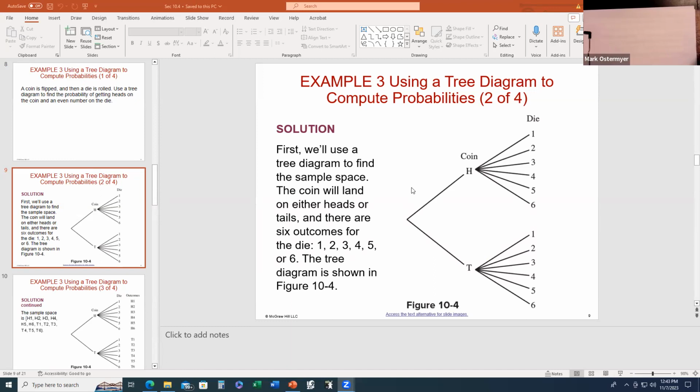Notice your author chose the main first branches to represent whether we toss a head or a tail on our coin. And then emanating from each of those branches are 6 branches representing what face was rolled when we rolled the die.